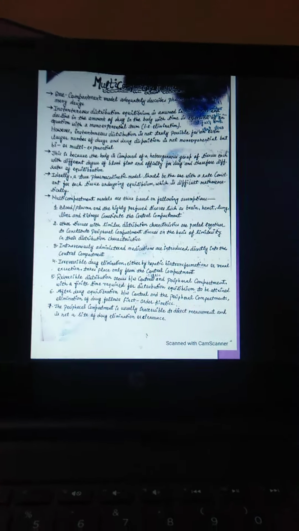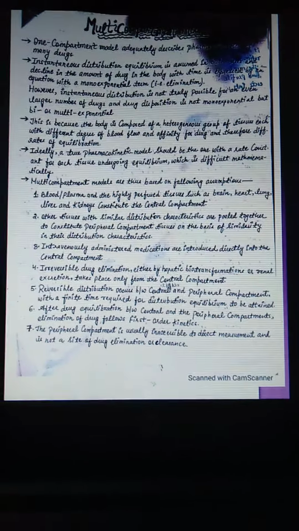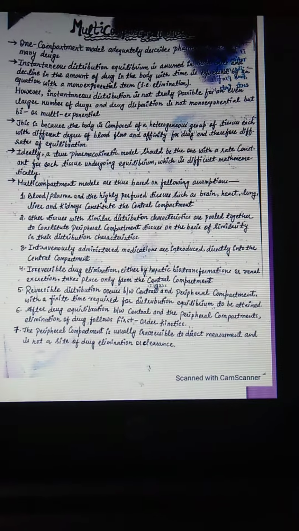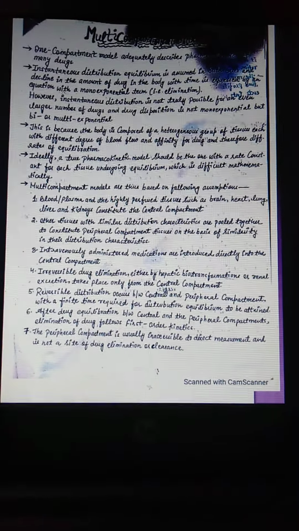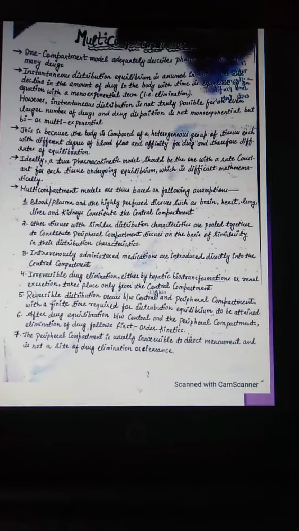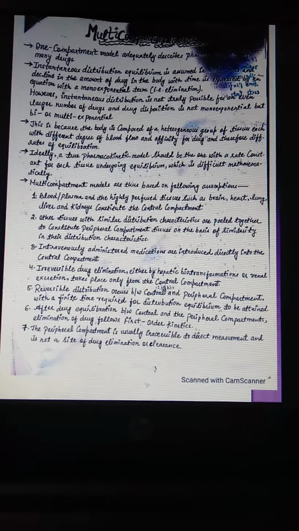In multi compartment open models, as we have already told you, the blood and plasma and highly perfused tissues are called the central compartment, whereas tissues with poor blood perfusion are known as the peripheral compartment.